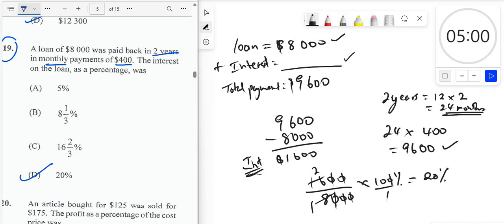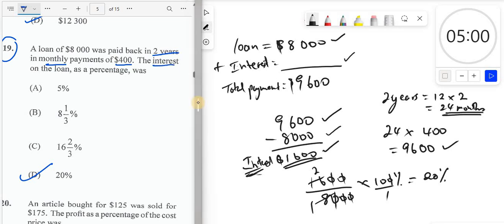So just a little clarity here. This is the interest, guys. How do we know this is the interest, the $1,600? Because you're paying $9,600 when you really borrowed $8,000. So you paid an extra amount of $1,600. That's called the interest. And writing the interest on the loan as a percentage means interest over the loan. Right?